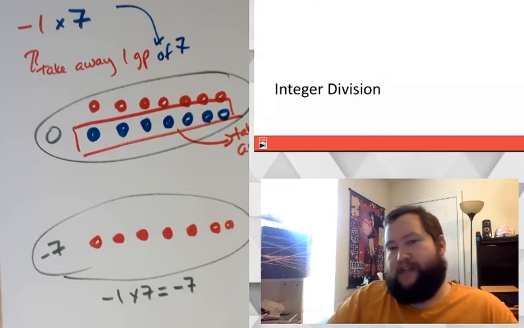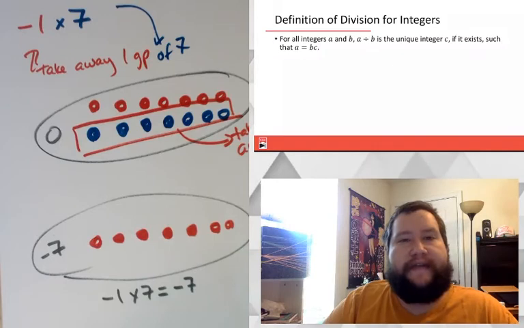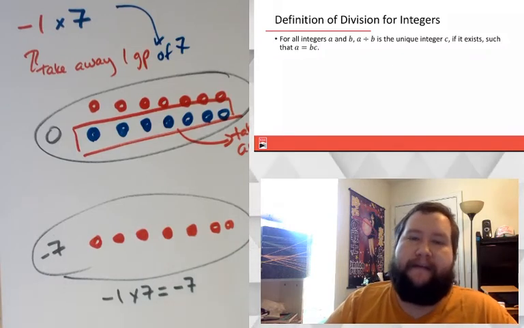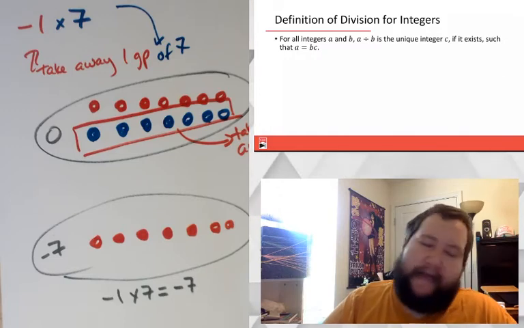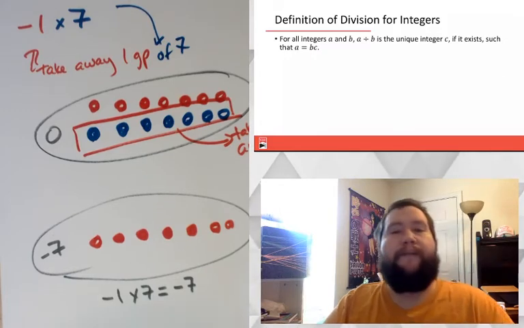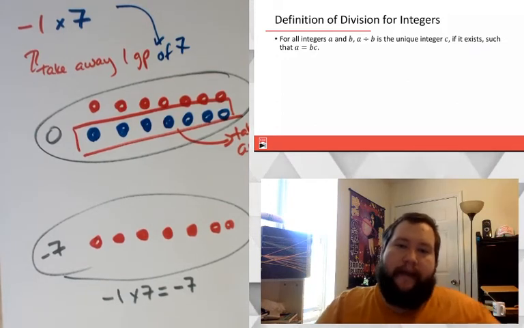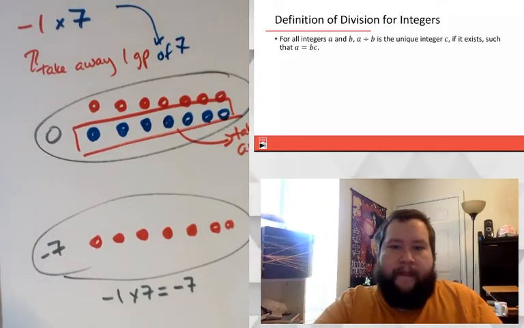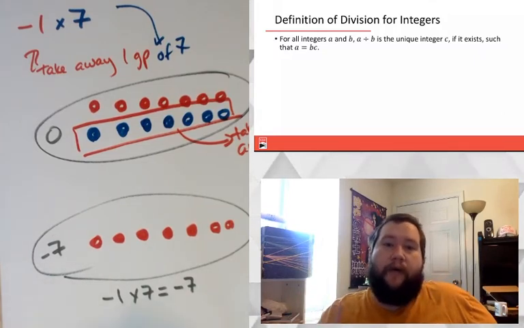Now integer division. For all integers a and b, a divided by b is the unique integer c if it exists such that a equals b times c. So remember, when we were defining division for whole numbers, we required that the result be an integer.